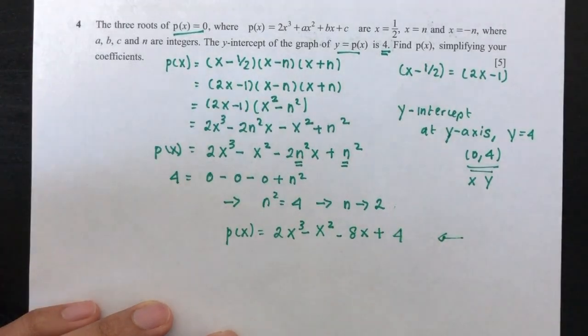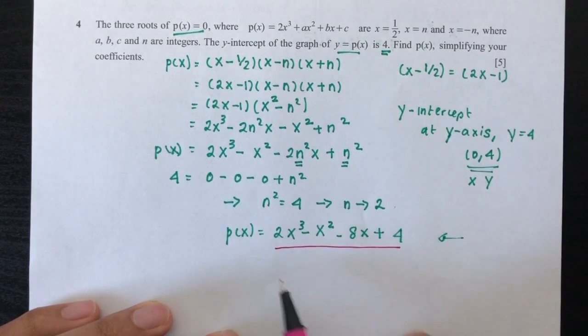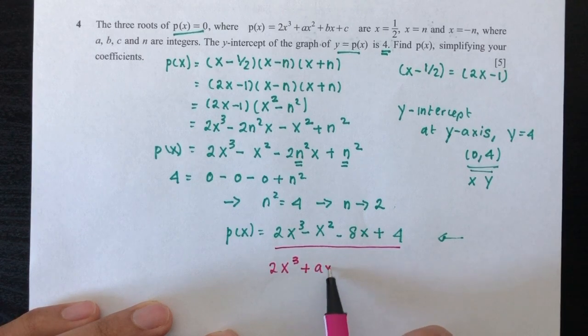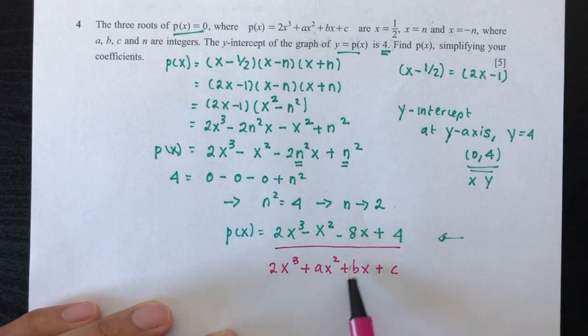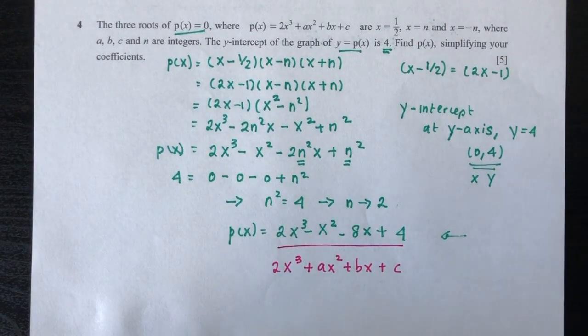So this will be your equation for p of x. It looks a lot like 2x cubed plus ax squared plus bx plus c, in the same form, where a is equal to minus 1, b is minus 8, c is 4. This is your p of x. And this is question number 4.